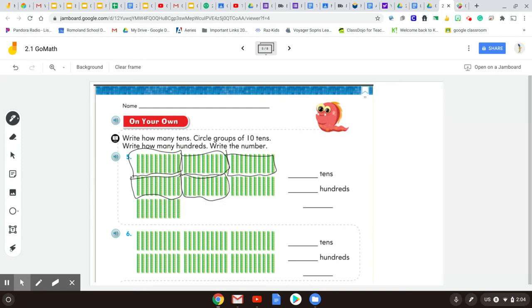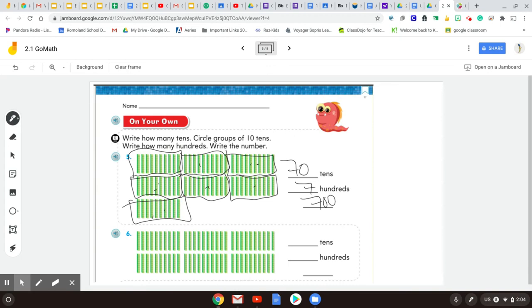This is really hard to write with the stylus. Okay, and then I'm going to go through and count by tens. 10, 20, 30, 40, 50, 60, 70. So 70 tens equals 700. 1, 2, 3, 4, 5, 6, 7 hundreds, or 700.